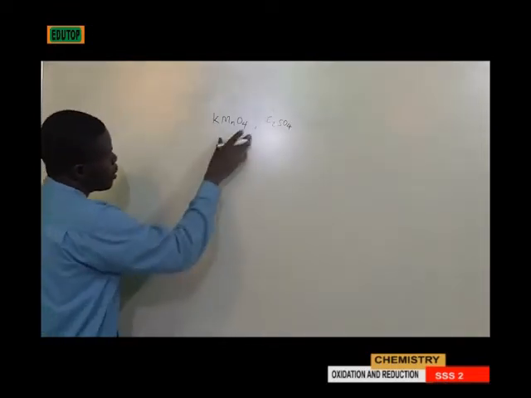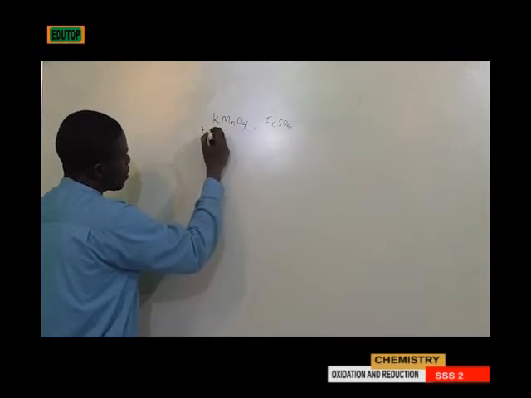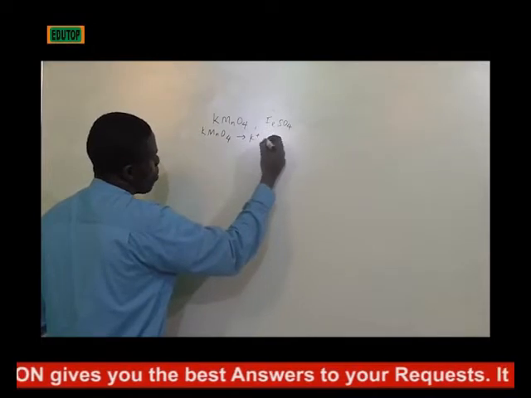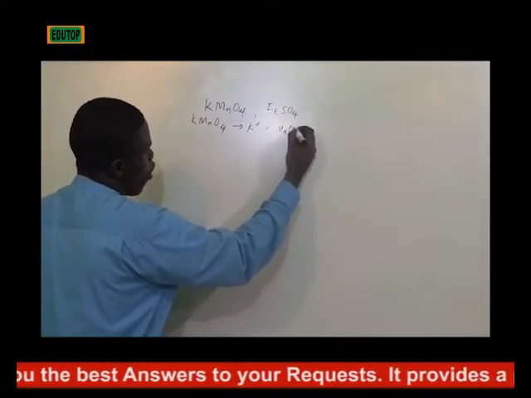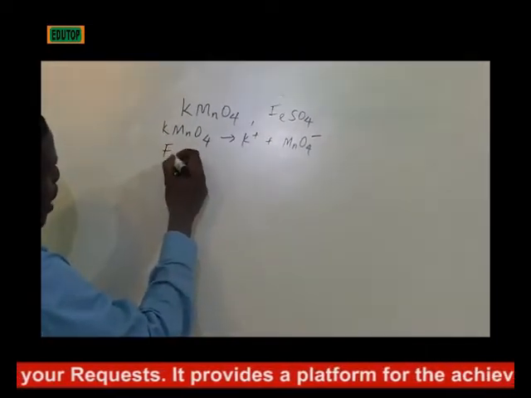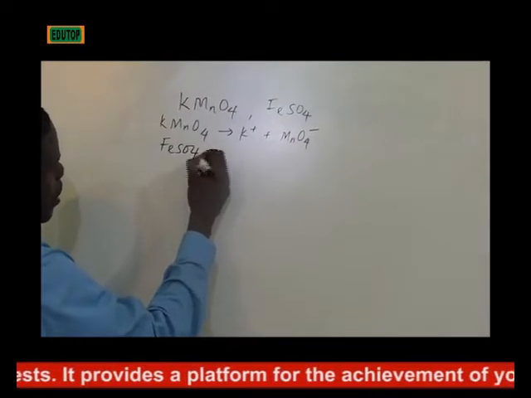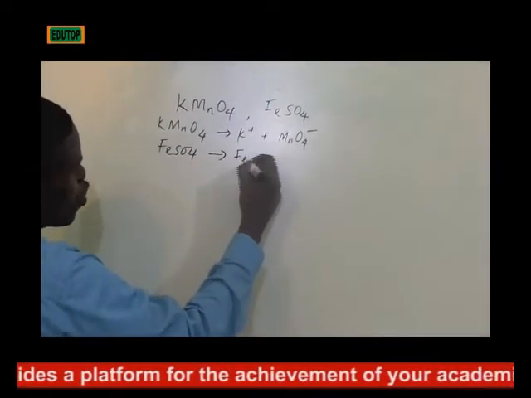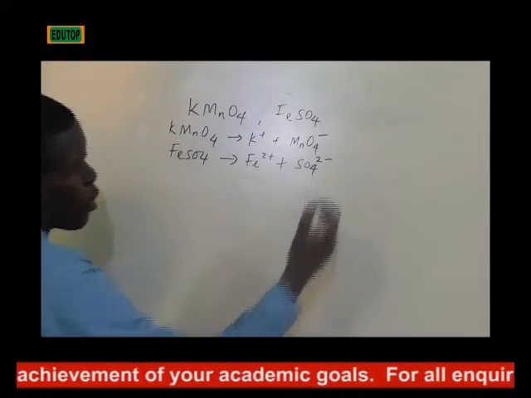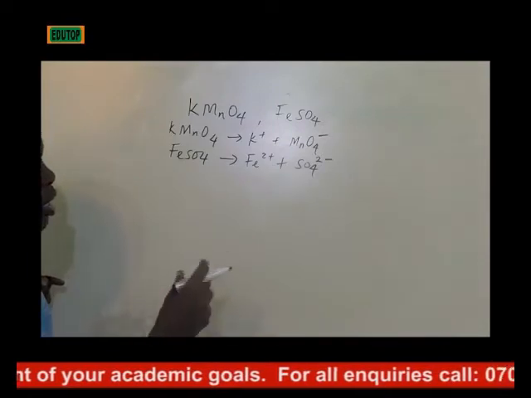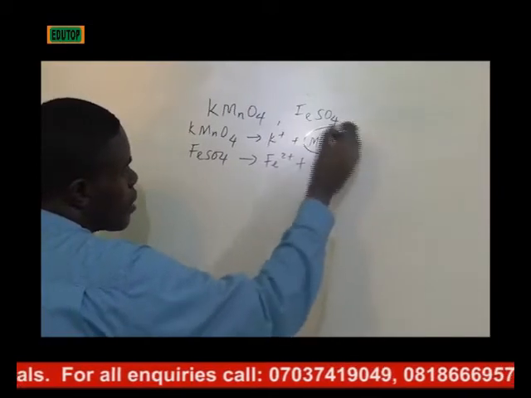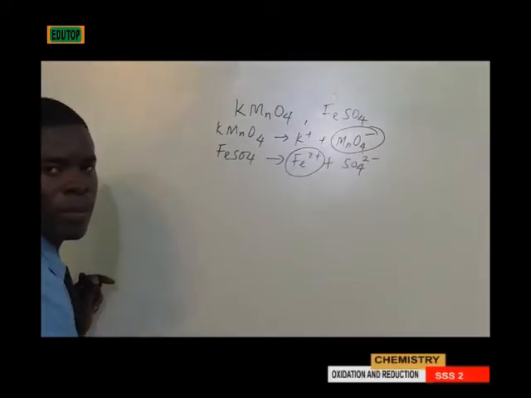Here, when this species ionizes, KMnO4 gives you K plus and MnO4 minus. Whereas here, iron 2 sulfate ionizes to give you Fe2 plus and SO4 2 minus. The ions of interest here are this and this.